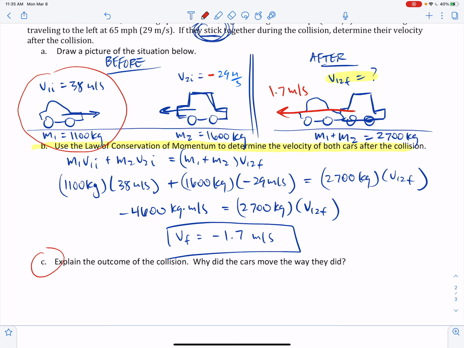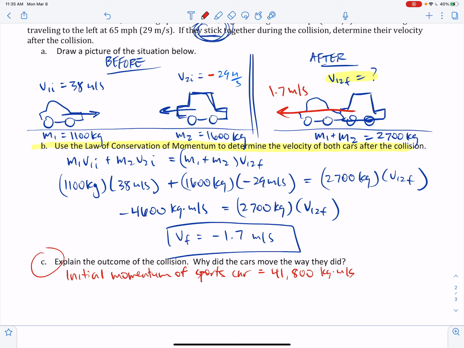So its initial momentum is 41,800. I'm going to say that the initial momentum of the sports car was 41,800 units of momentum. What about the initial momentum of the SUV?